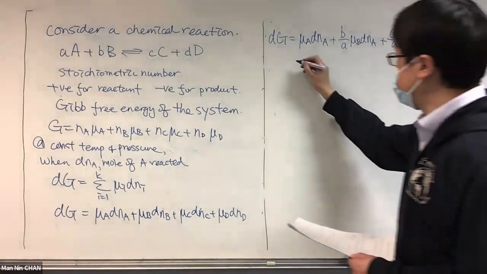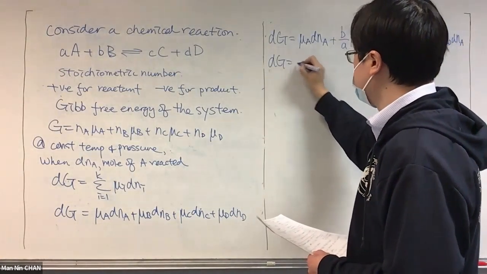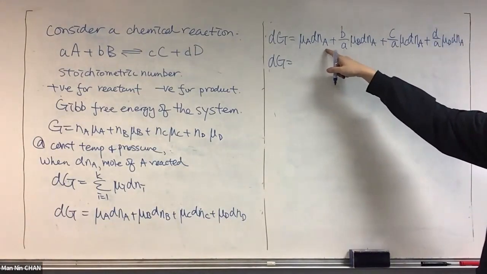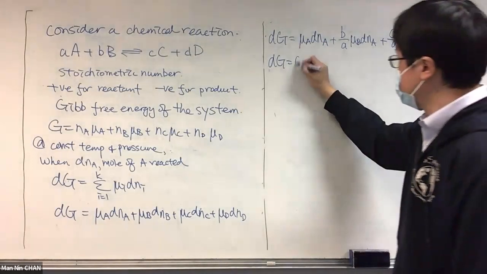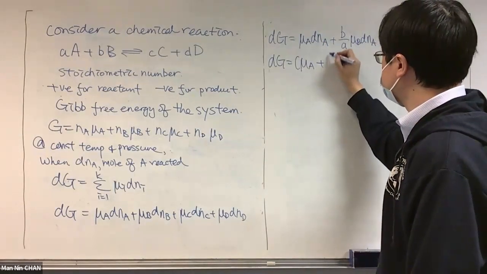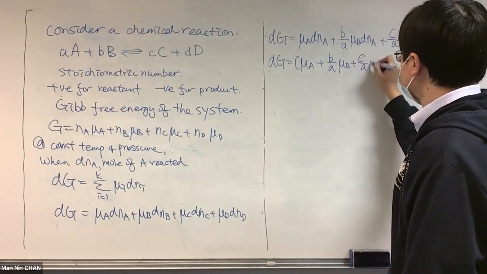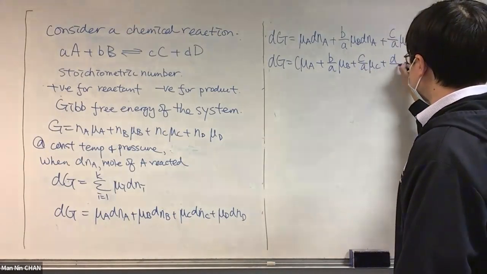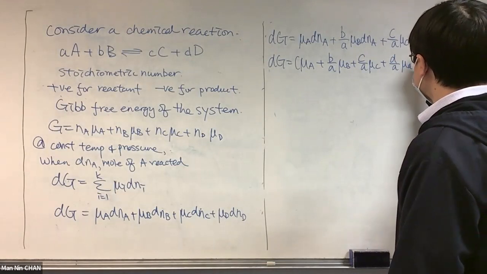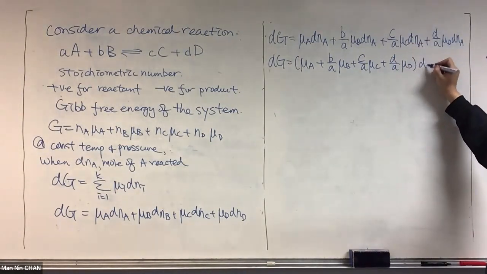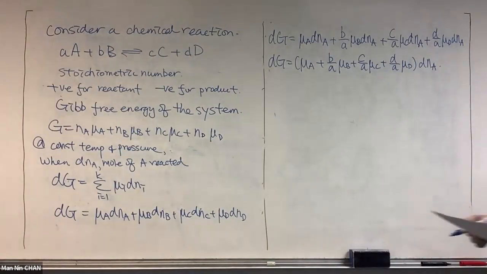You don't need to write it down, so I just rewrite this more compactly, because you have the change in the number of moles of your A reactant in every term. So I just take this out.